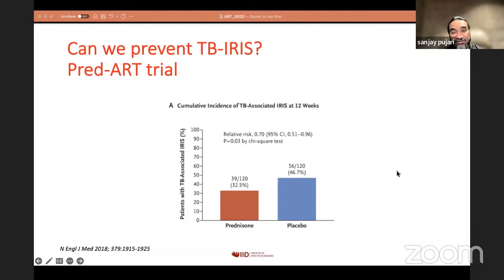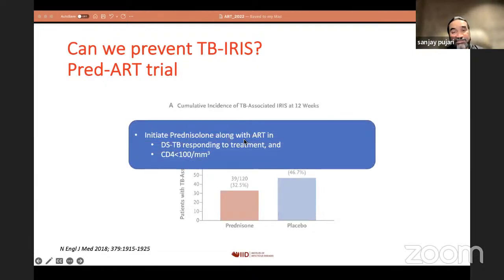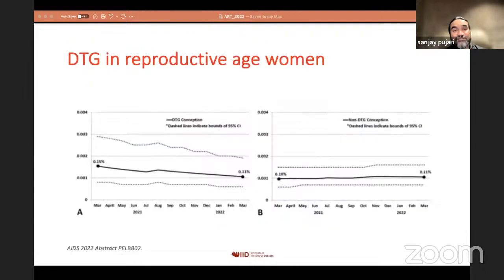So to prevent that, you can give prophylactic steroids and continue that for around 4 weeks, and you can see a 30% reduction in the risk of development of IRIS in the prednisolone arm. So initiate prednisolone along with ART in a patient who has drug-sensitive TB and is responding to the current ATT, and the CD4 is less than 100. This is a very, very important intervention to reduce the incidence of TB IRIS.